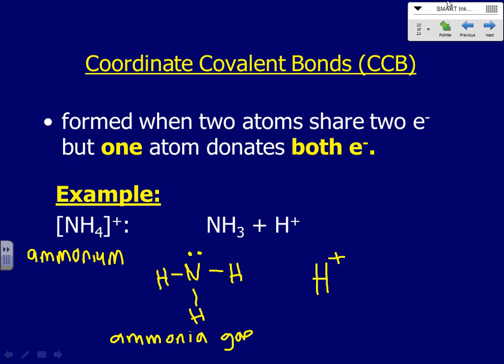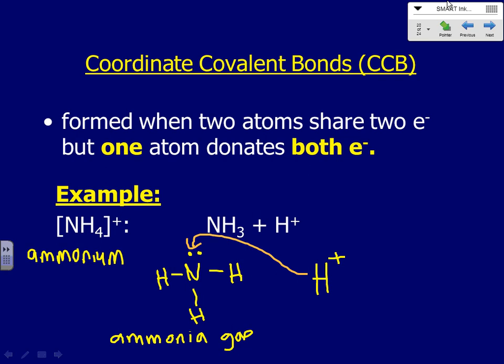Now that nucleus, an H+, can be made very easily. Acids produce lots of H+. So that H+ is just a nucleus, but it still wants a full outer shell. So how many electrons does it now need to get a full outer shell? It needs 2. And the ammonia has a pair of electrons. And so what happens is, under the right conditions, that hydrogen simply latches on to that pair of electrons. All right?